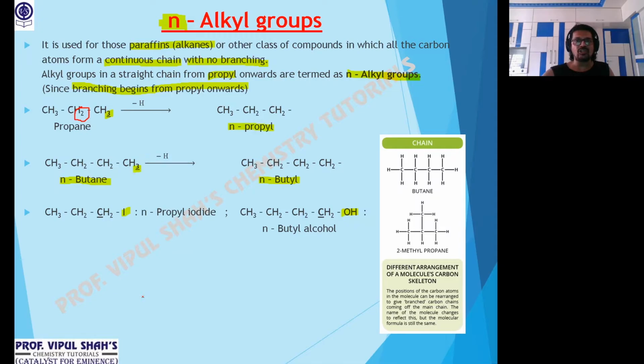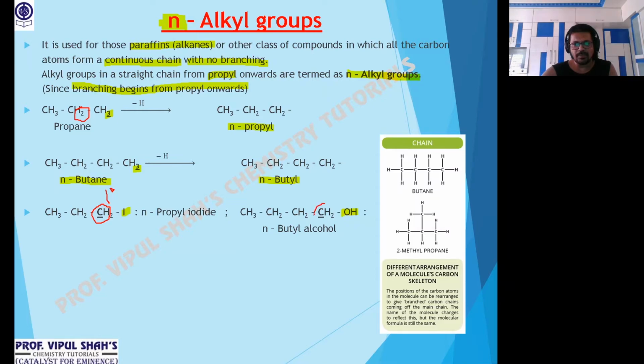Now important nature. As such, nature of all carbon, but which nature you will see? Carbon to which the functional group is attached. This is attached to only one other. So this nature is 1 degree. Second example, N-butyl alcohol.